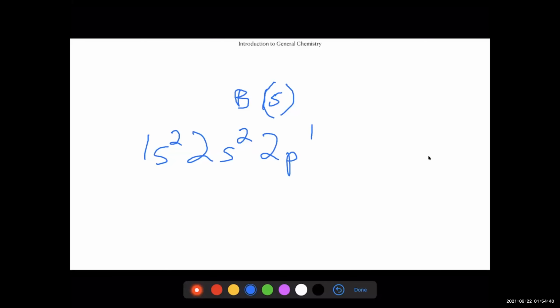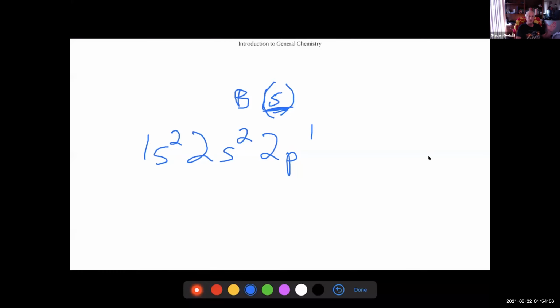That gives you the electron address of your electron configuration. If you add the superscripts, you get the number of electrons: 2 plus 2 is 4, plus 1 is 5. You're always going to start with 1s1, 1s2, go back to hydrogen and start across your periodic table, and use it to fill these in.